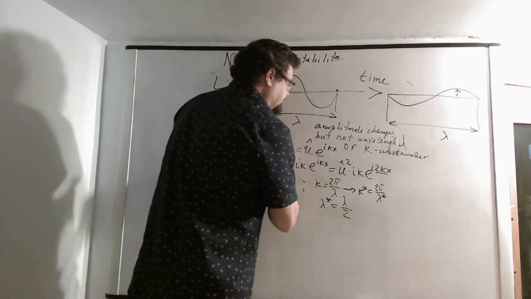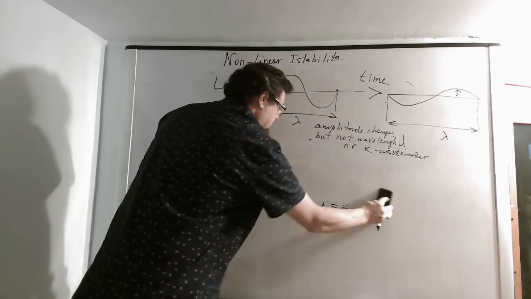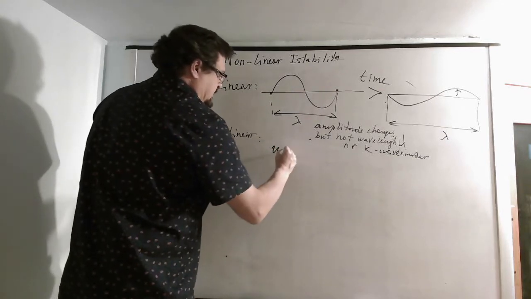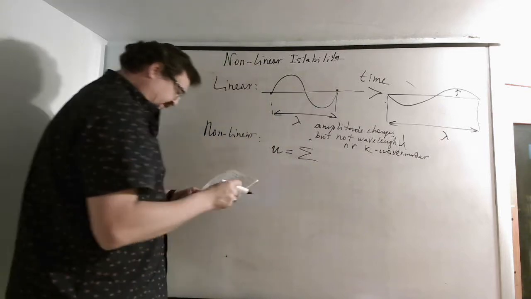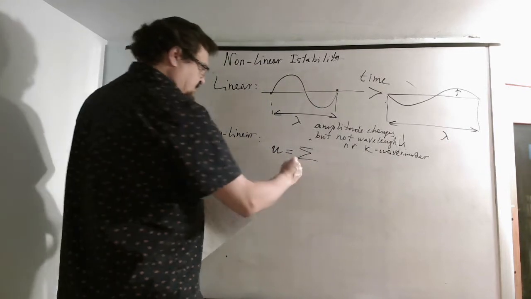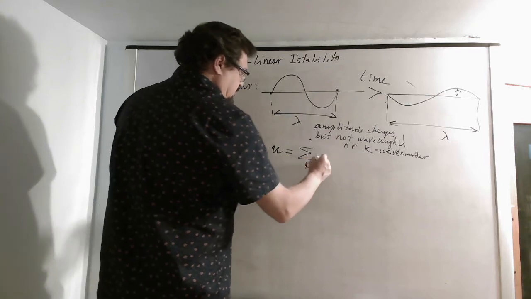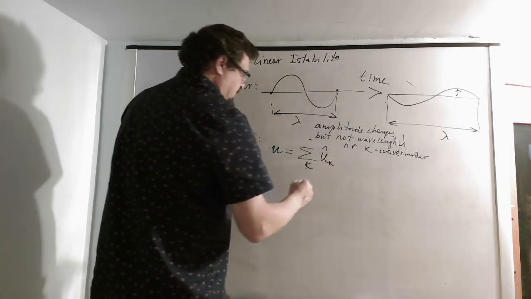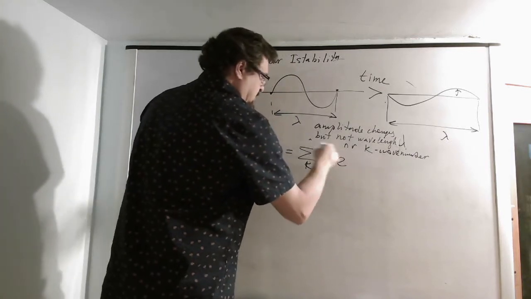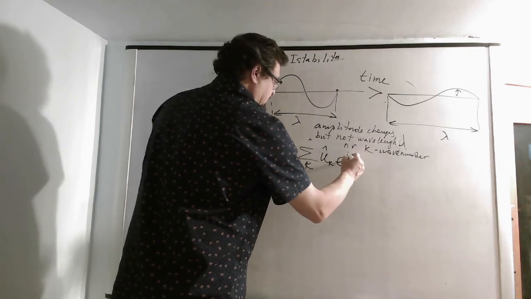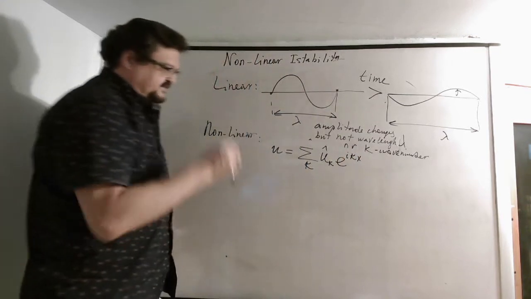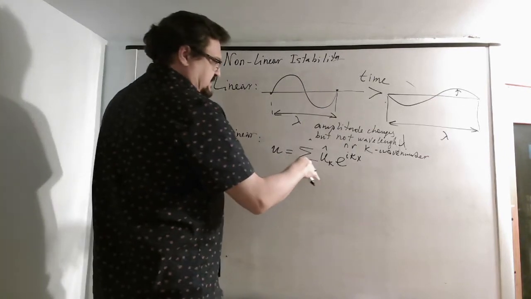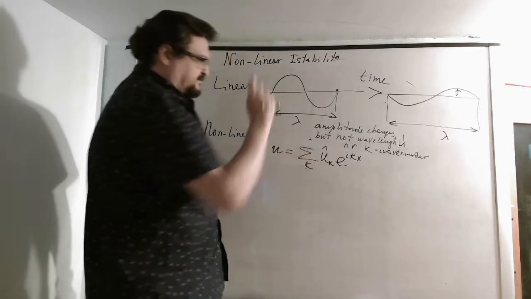So let's say that you have u, which is a superposition of all these harmonics, many harmonics like that, where this k can be like 1, 2, 3, 4, 5, and so on.